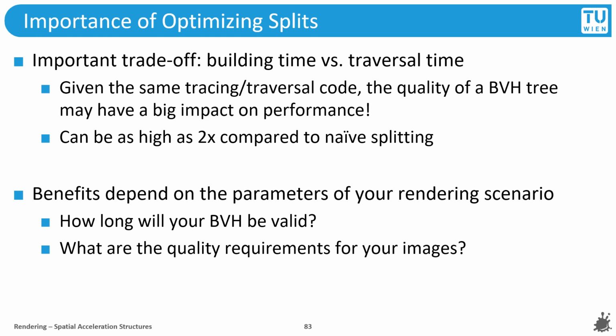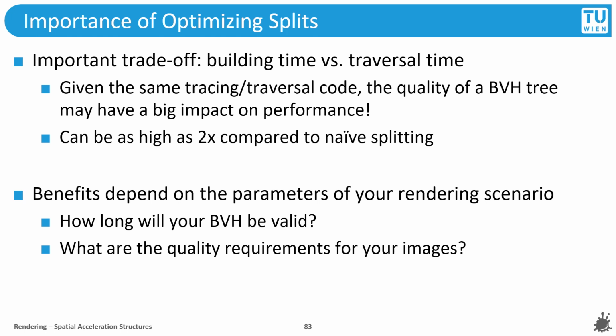And this is where the trade-off comes into play between building time and actual traversal time, because given the same tracing or traversal code for your BVH, the quality of a BVH tree may actually have a quite significant impact on performance. And that can be as high as a factor of 2 compared to naive splitting.